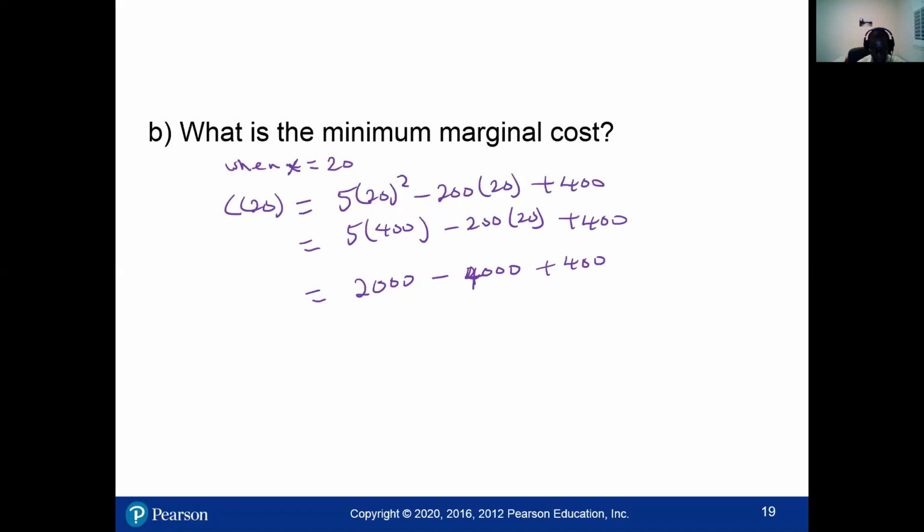I hope I did that correctly. So 5 times 400, and then 200 times 20 is 4,000. That gives me minus 1,600.